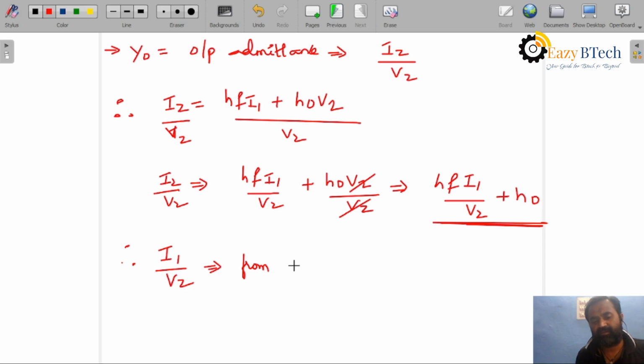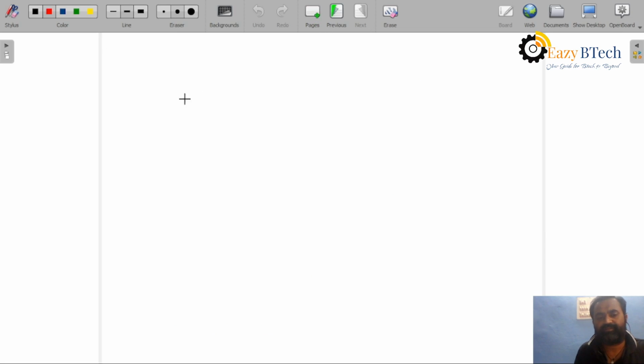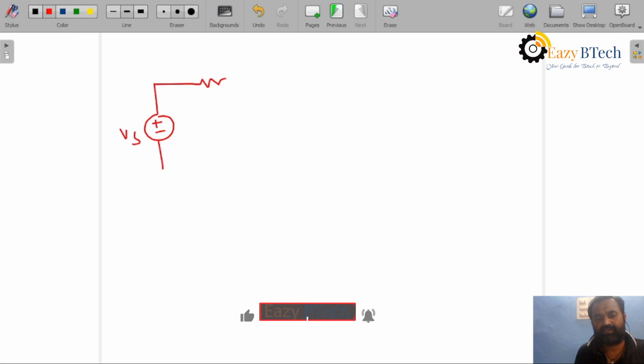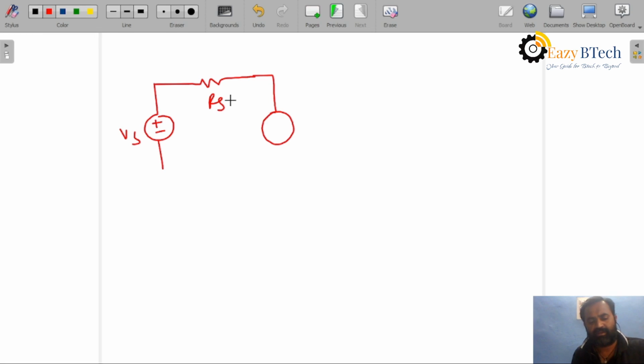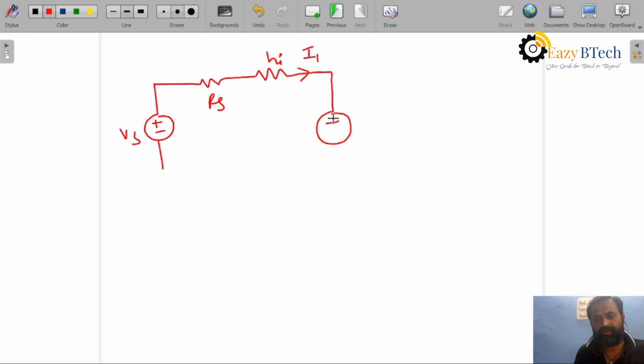from the input side of the equivalent circuit, we will write this: this is the source Vs, this is the resistance Rs, and you are having HI I1 and HR V2.